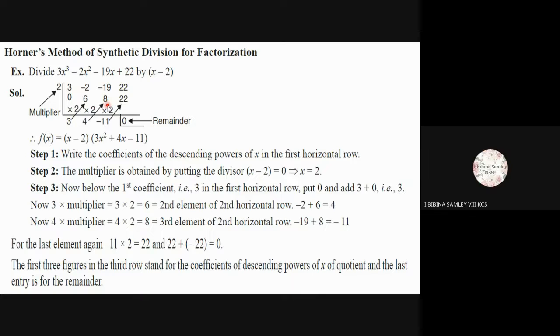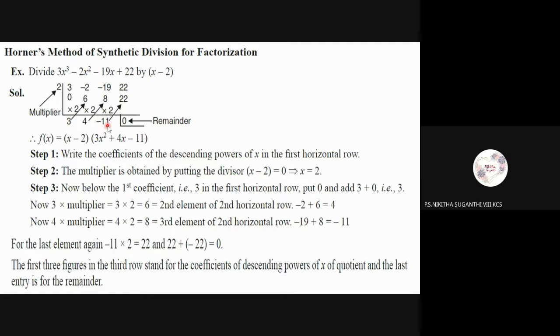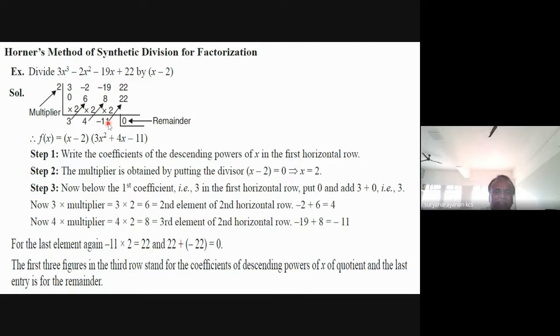Minus 19 plus 8 is minus 11. You have to learn well. Solving integers, addition, subtractions: if you are not strong in addition and subtractions, you cannot understand maths.